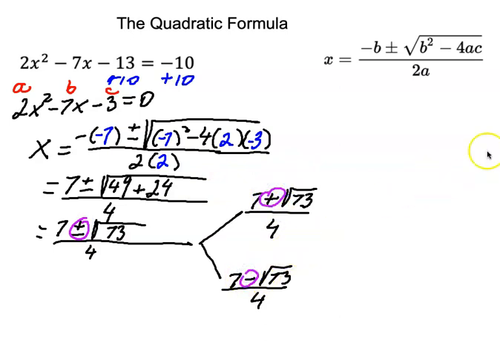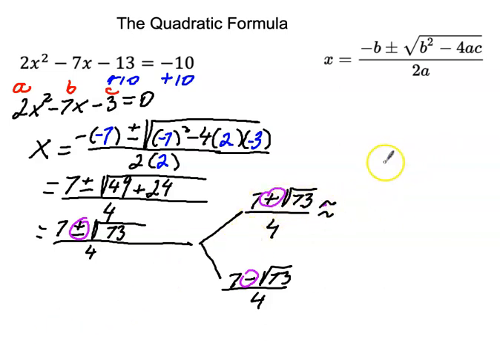Now if the problem is asking for an exact answer, this would be the exact answer. If it's asking for a decimal, like let's say round your answers to the nearest hundredth, then you will have to evaluate further and write it with 2 decimal places. So let's evaluate and see what we get.